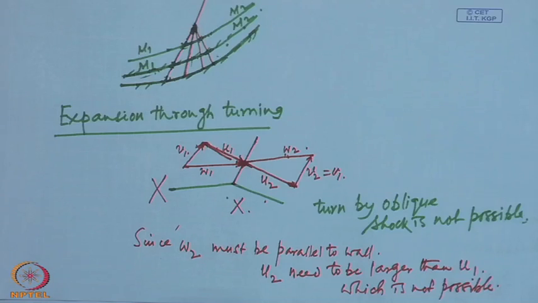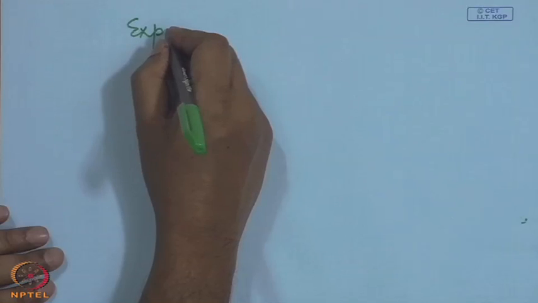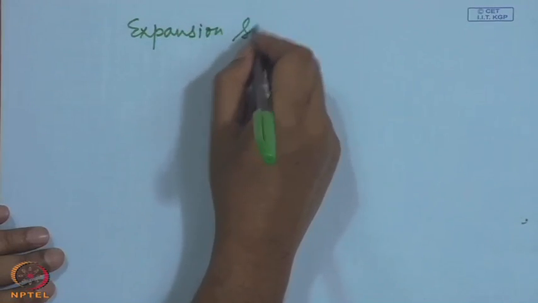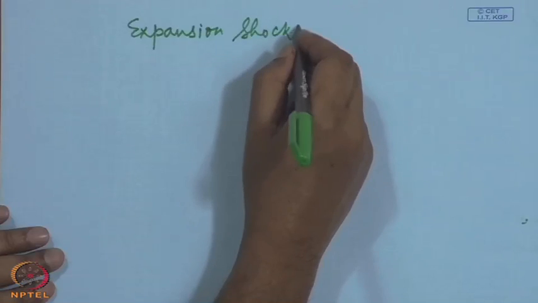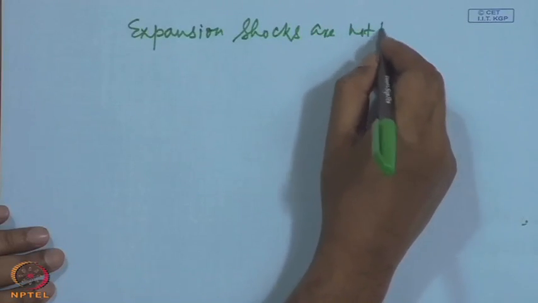Consequently this expansion cannot be achieved through an oblique shock. Expansion shocks are not possible. This relation of course, we have seen earlier also.